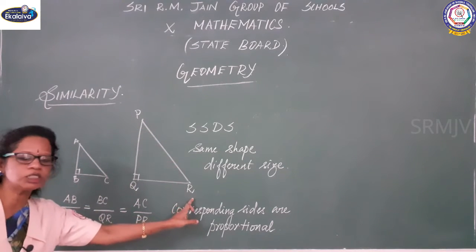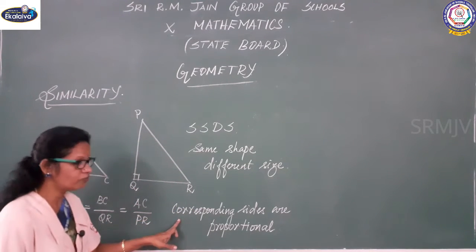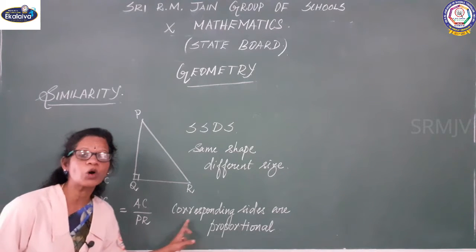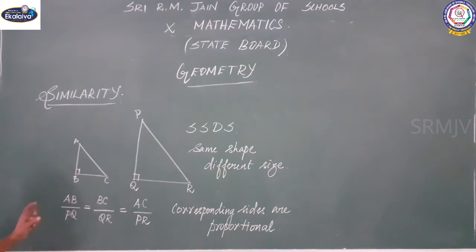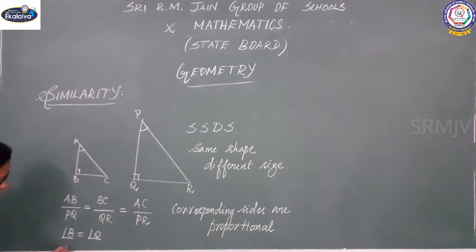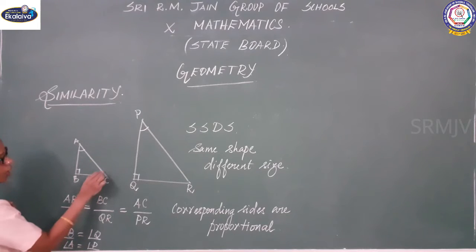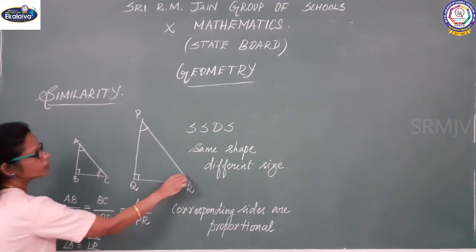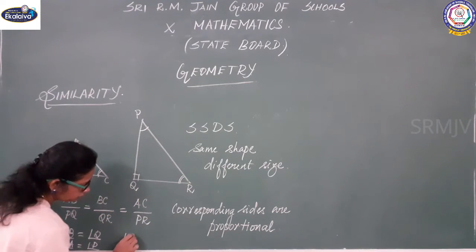Here hypotenuse is PR. That's why the word is very important, corresponding sides. Right. Now corresponding angles are equal, I said. Angle B equal to angle Q. Angle A equal to angle P. Angle C is equal to angle R.